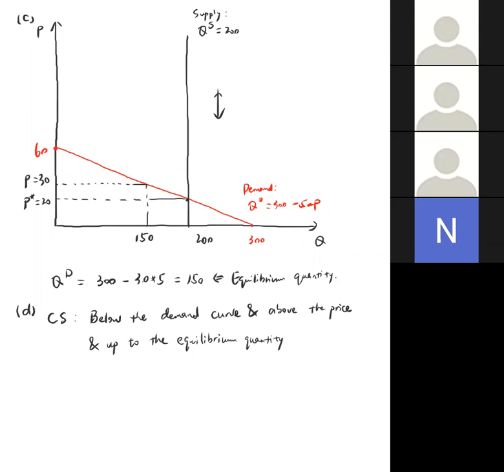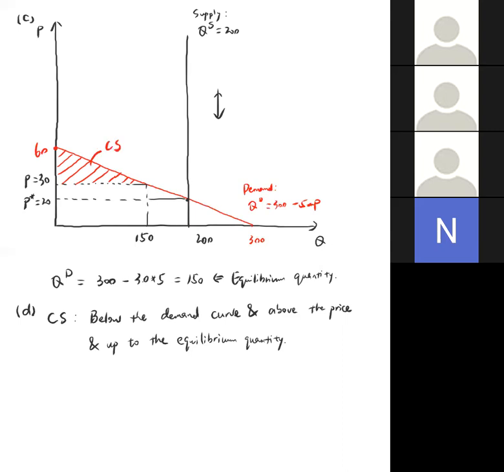Okay, so in our graph, the area below the demand curve, the red line is the demand curve, so the area below the demand curve and above the price, which is P equals 30, and up to the equilibrium quantity, which is 150. So this is our consumer surplus.